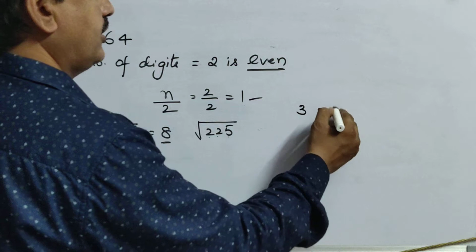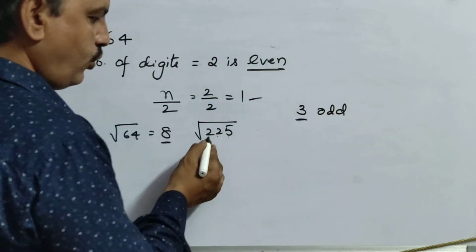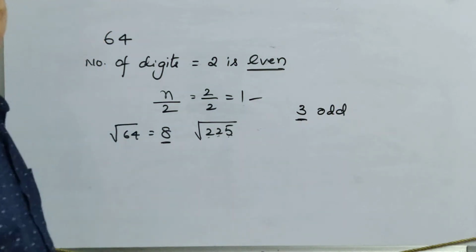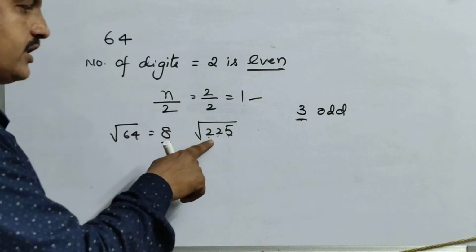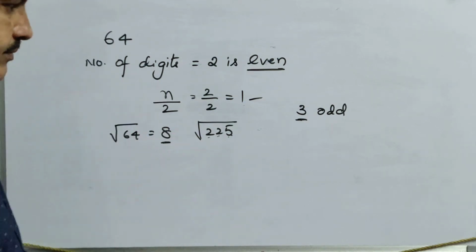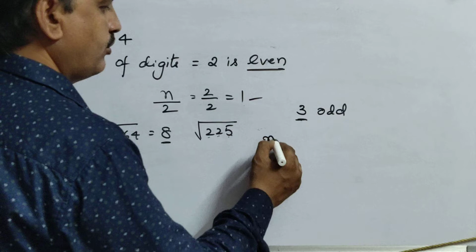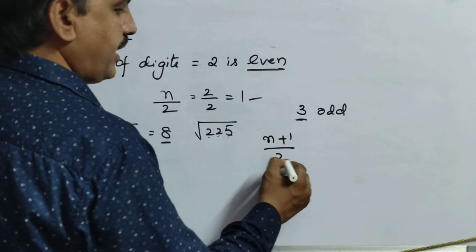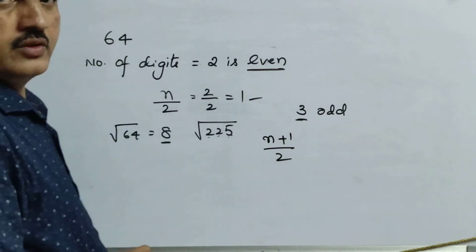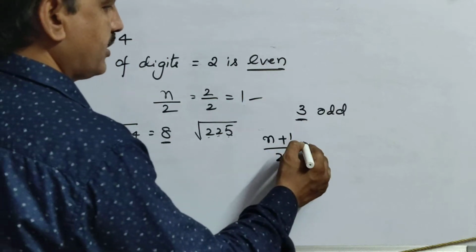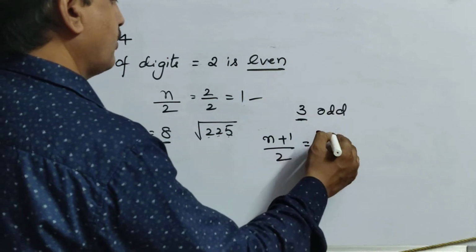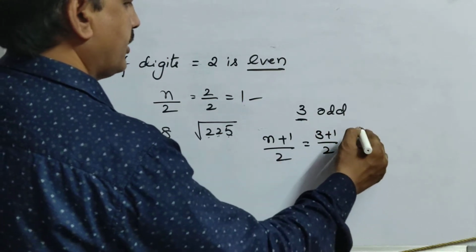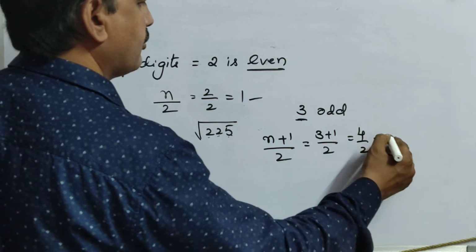Odd. Here 3 is odd. But how to find the digits for 225? We have one more rule, that is (n plus 1) by 2. That is (3 plus 1) by 2, that is 4 by 2 equals 2.